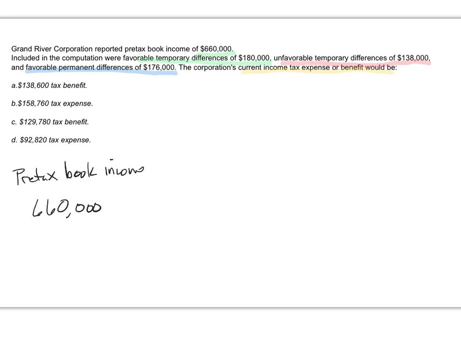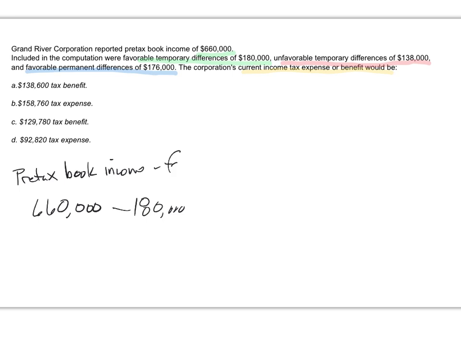We have favorable temporary differences of $180,000. Since those are favorable, that means our taxable income is going to be less, so those are going to decrease.